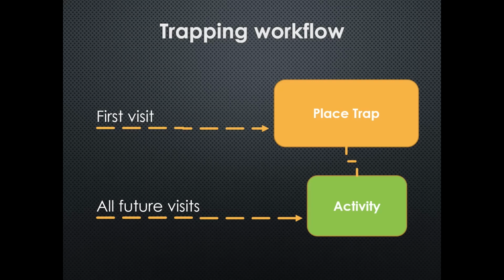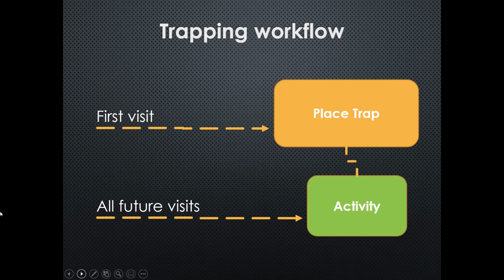That's the first activity, installed. And then all future visits are activities that are related to that trap site on the map. So all future visits, replacing lure, monitoring, removals, any of those activities are recorded as activities on that site. For those of you who've been doing this, it's nothing new, but I just want to make sure that that kind of workflow is in our head as we look at the data form.